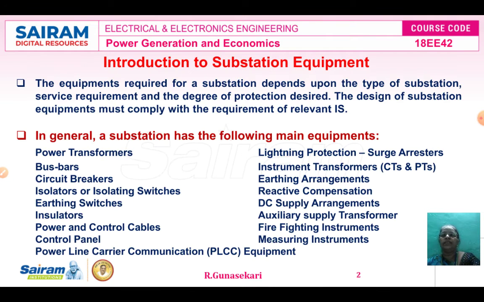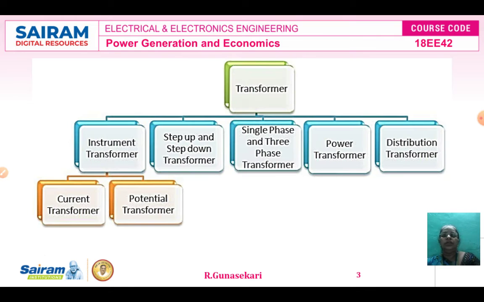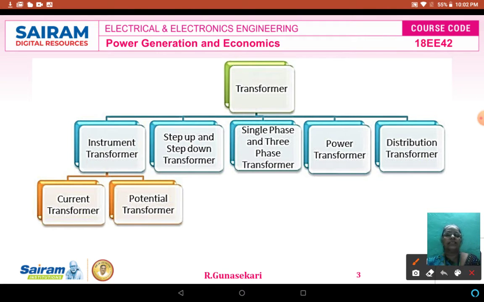Then the transformer is classified into instrument transformer, step up and step down transformer, single phase and three phase transformer, power transformer, and distribution transformer. Again, the instrument transformer is classified into current transformer and potential transformer.